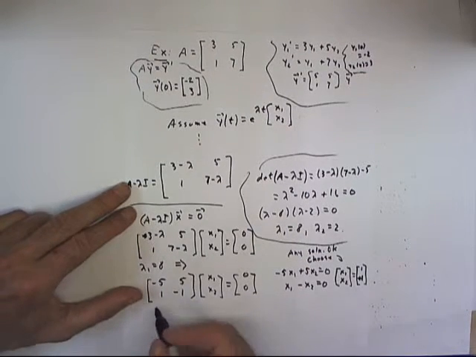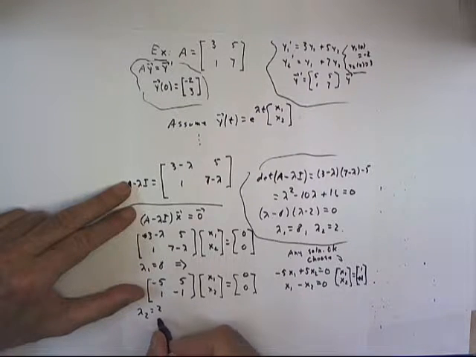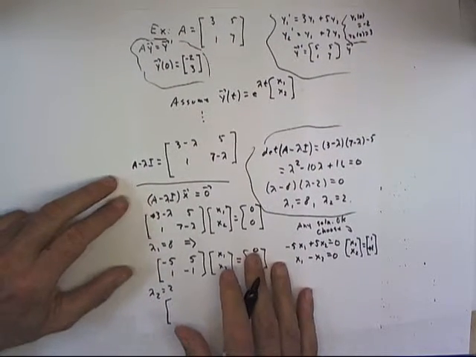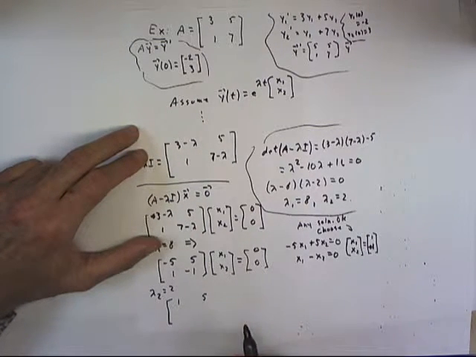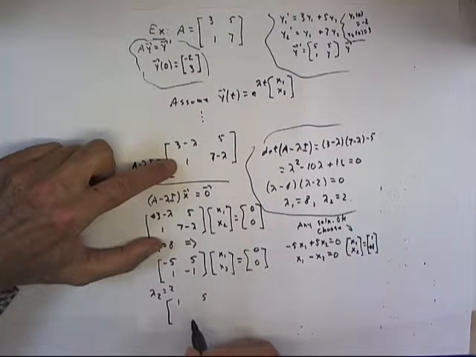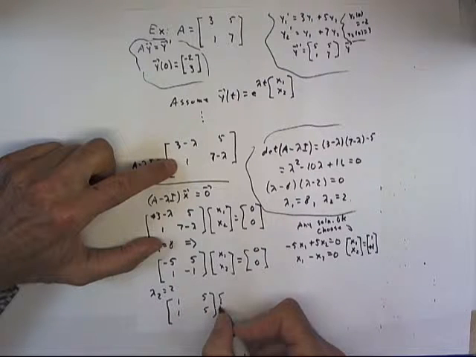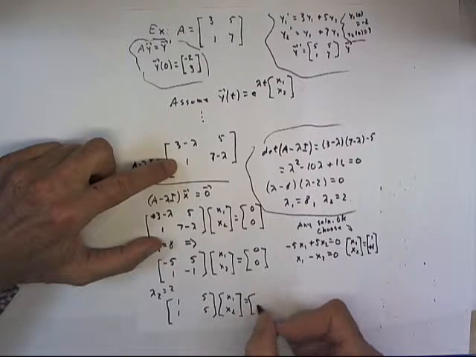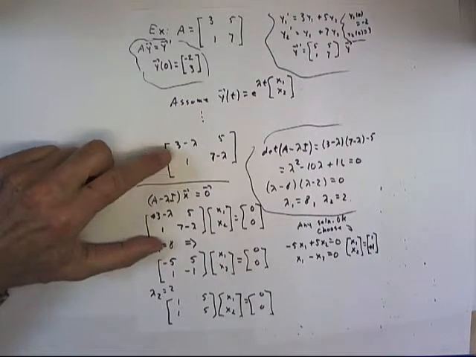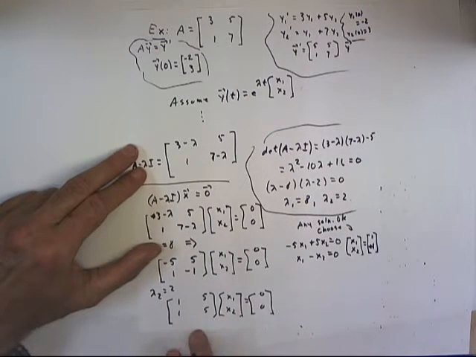And then our second eigenvalue, lambda 2 equals 2, gives us the matrix equation. 3 minus lambda is 1, 5, and down here we get 1, 5 once more. This gives us the equations, and both equations are identical since these rows turn out to be identical.